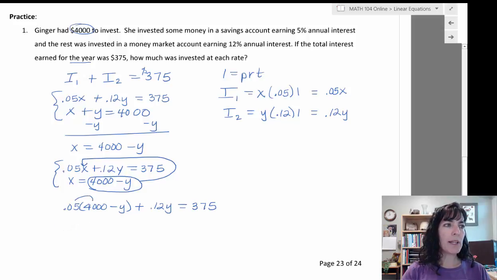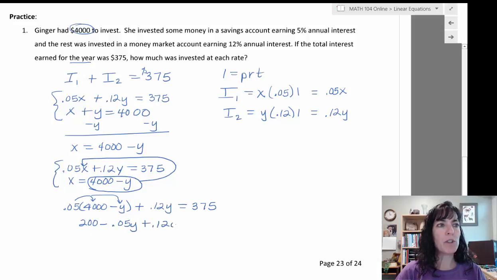And now I would like to distribute this 0.05 inside the parentheses, and 0.05 times 4,000 gives 200, minus 0.05y plus 0.12y equals 375. I would like to combine these two because they are like terms, so I just need to take negative 0.05 plus 0.12 and I get 0.07y.